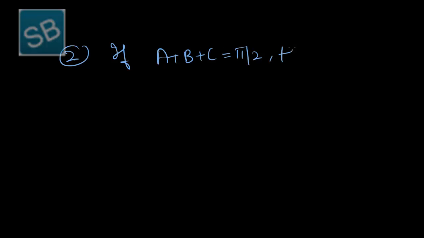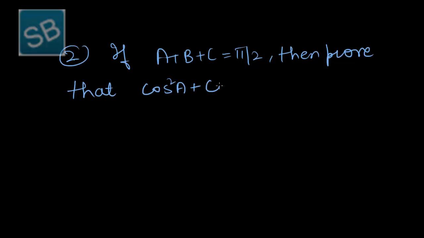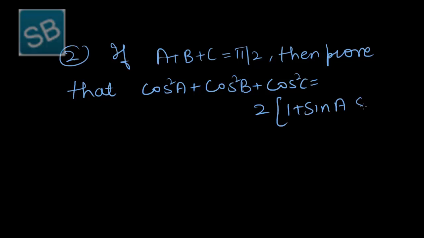Now the next problem, which is based on conditional identity, is: if a plus b plus c is equal to pi by 2, then prove that cos square a plus cos square b plus cos square c is equal to 2 times 1 plus sine a sine b into sine c.